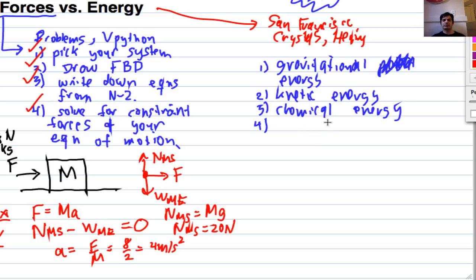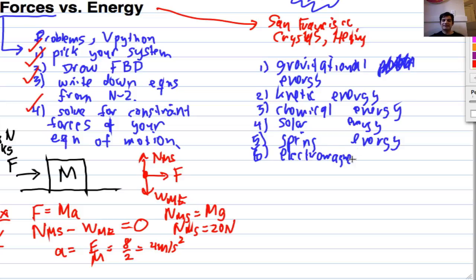Like gravitational energy, and kinetic energy, and chemical energy, and solar energy, and springs, like Hooke's law, spring energy. And what other sciencey words can I put energy onto? Electromagnetic energy.